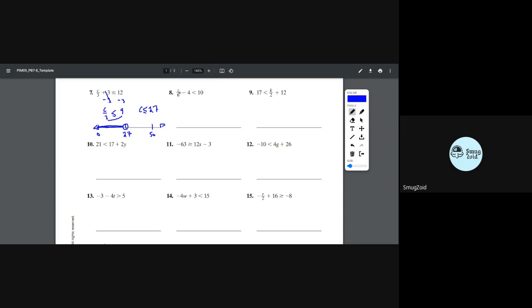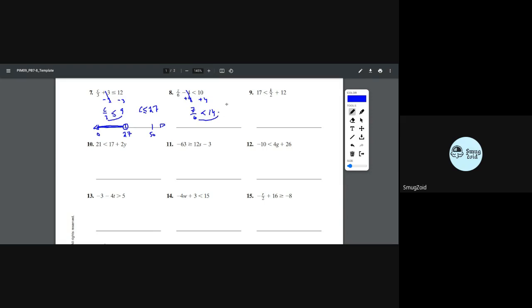Let's take a look at this one. These are nice. Let's add 4 to this side, add 4 to this side, because I'm getting rid of this. I have to have z by himself, so that goes away. So I have z over 6 is less than 14, right? So now I'm going to take the 6, roll that up to here, multiply it.